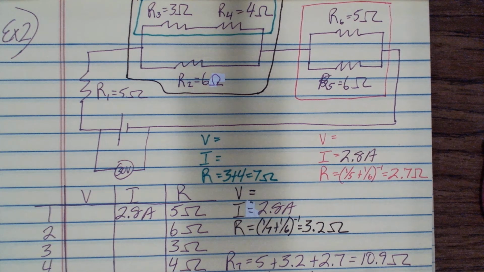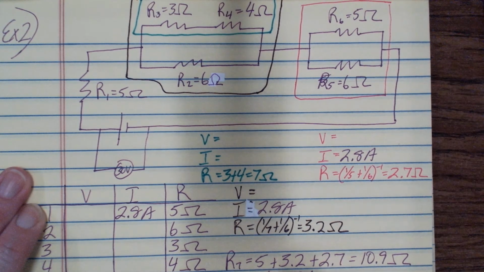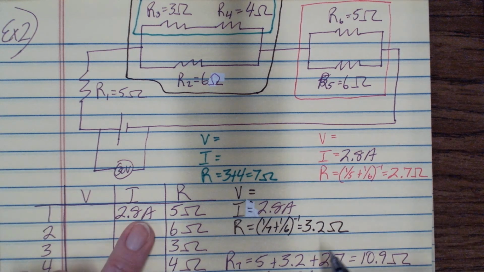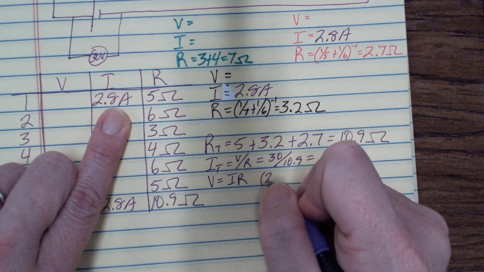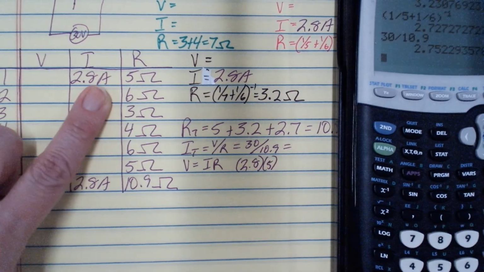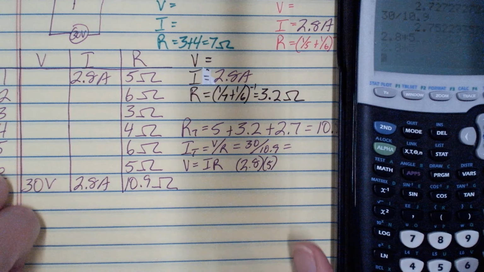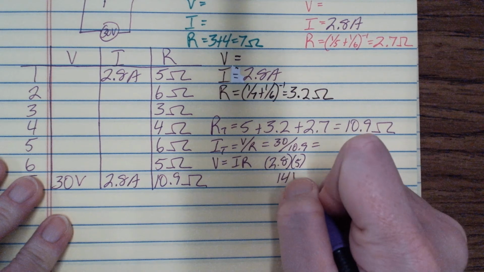Okay, so now I can use Ohm's law to find the voltage on resistor number 1, the brown box, and the pink box. Okay, so resistor number 1, right? So V equals IR. Sorry, V equals IR. So you have 2.8 times 5. So that's 14 volts.